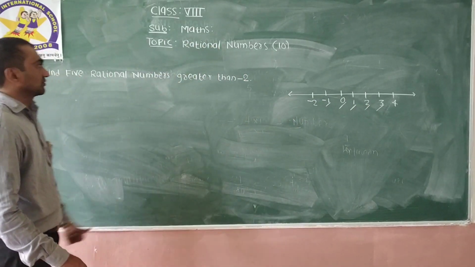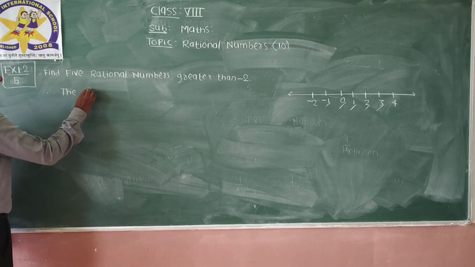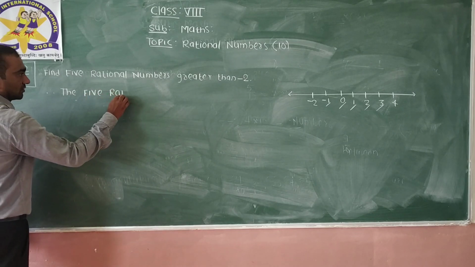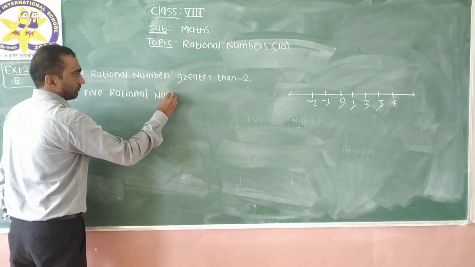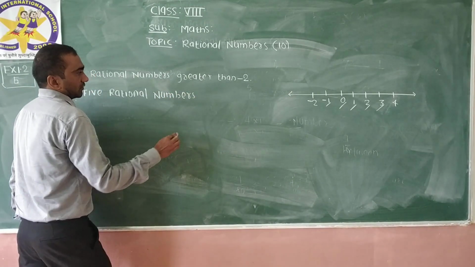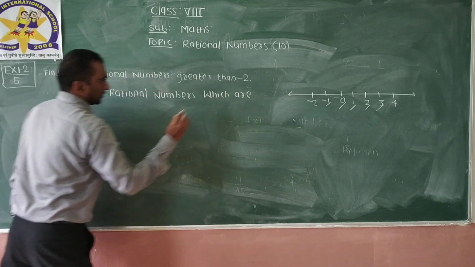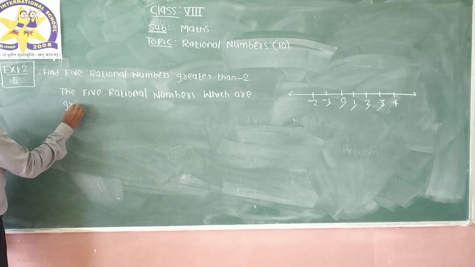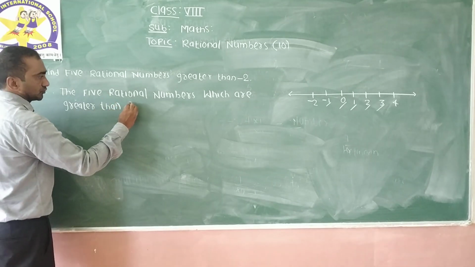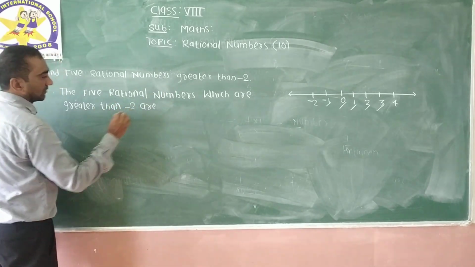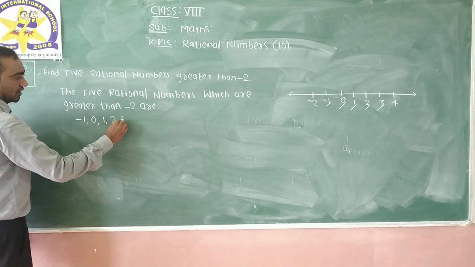So our answer of this question is, therefore the 5 rational numbers which are greater than minus 2 are minus 1, 0, 1, 2 and 3.